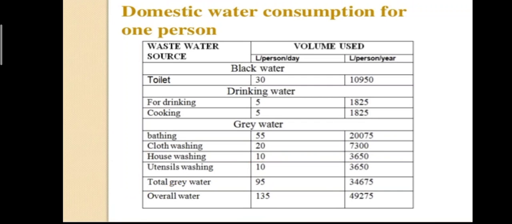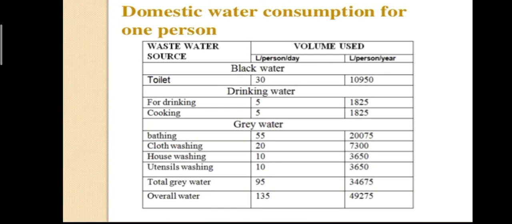This table shows the domestic water consumption for one person, wastewater source, and the volume used. There are three categories of water: black water, drinking water, and grey water. For toilet, 30 liters of water has been used by a single person in a day.